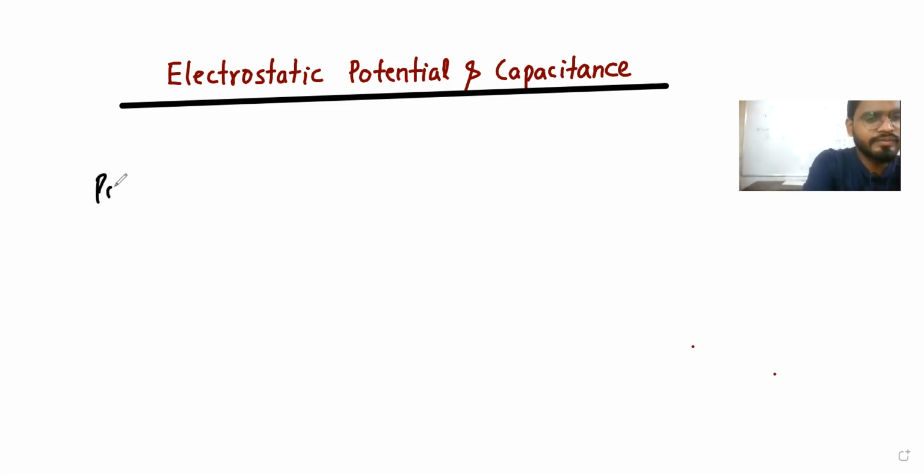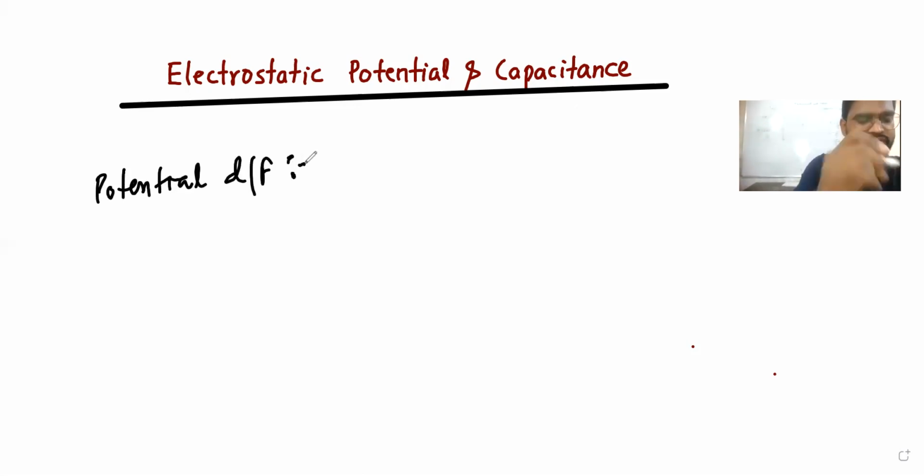Potential difference. For the sake of definition, we can say it is the work done per unit charge to bring a charge from one point to another point, because difference is there, right?